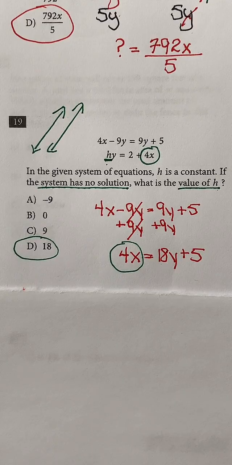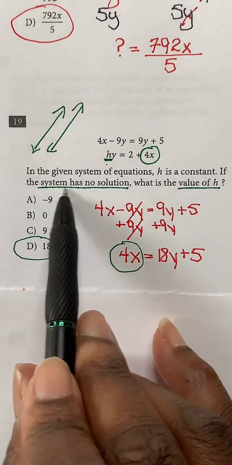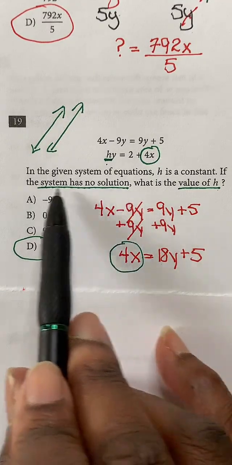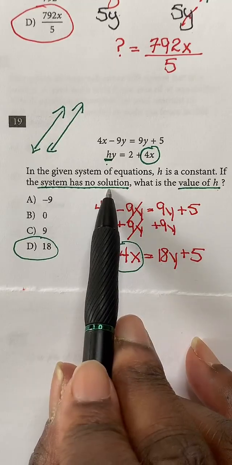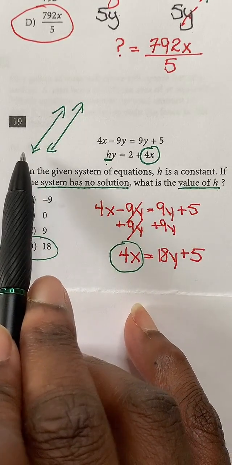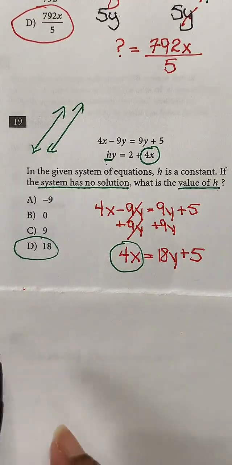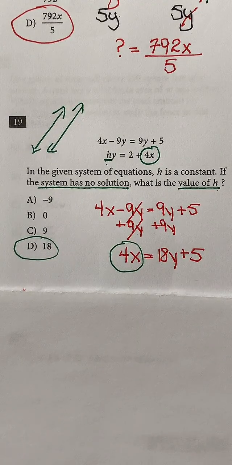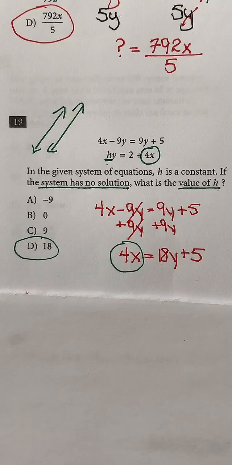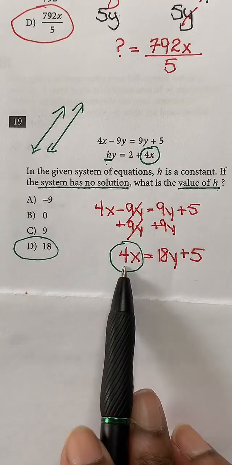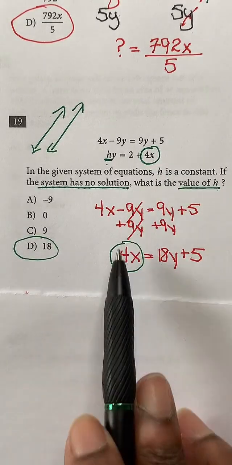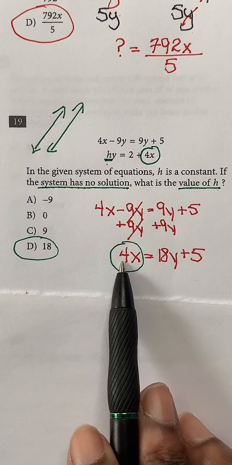You're screaming. All right. So, one thing I needed to know about system of equations: if the lines have no solution, that means they are parallel lines. And parallel lines all have the same slope. So for my GED people, this is a 4-point question. They'll give you 2 equations and ask, are the lines parallel or perpendicular? If they give you the same coefficient in front of the x, they are parallel.